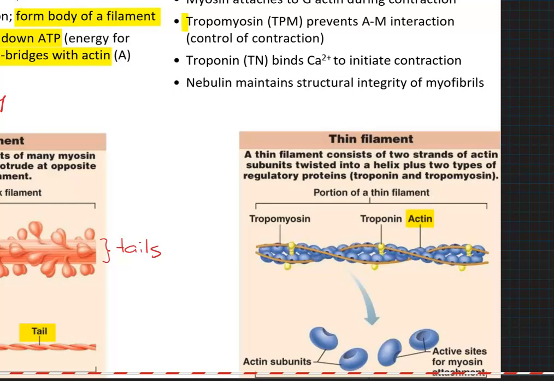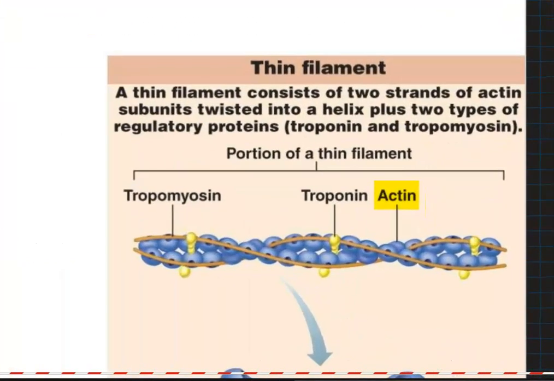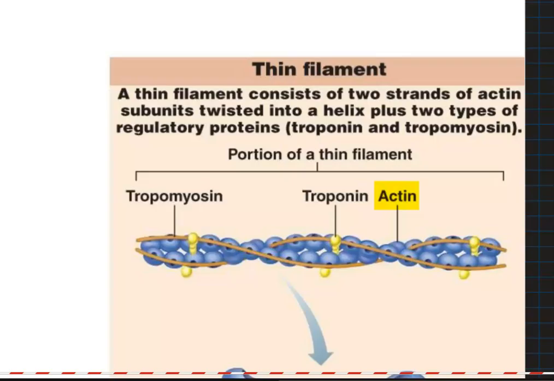One of them is tropomyosin. If you look at this image very carefully, you may notice that tropomyosin blocks these little openings in these beads of actin. Those openings represent places on the actin protein that can bind to myosin heads. When tropomyosin blocks those places, the filaments, thin and thick, cannot interact with each other.